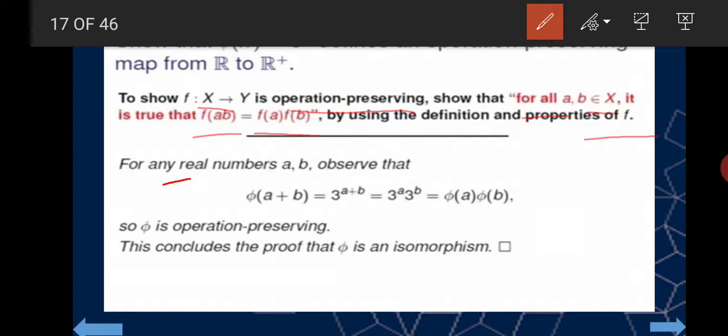So for any real numbers a, b, observe that phi of a plus b is equal to 3 to the a plus b, and that is equal to 3 to the a times 3 to the b, equals phi of a times phi of b. And so phi is operation preserving. So this concludes the proof that phi is an isomorphism because it satisfies all the 4 steps in proving that two groups are isomorphic.